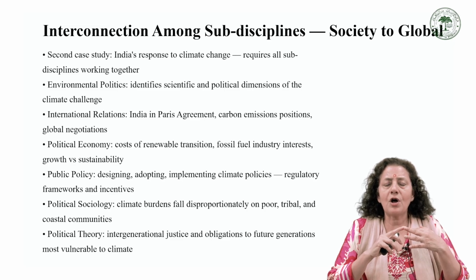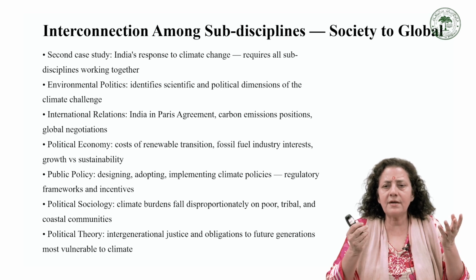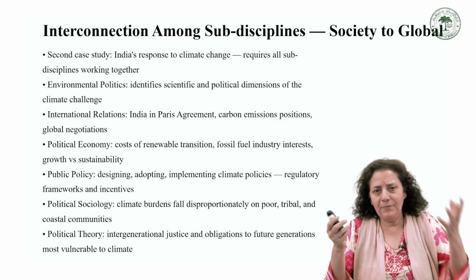Political theory provides normative frameworks: questions of intergenerational justice, obligations to future generations, and the rights of those most vulnerable to climate impacts. Once again, no single discipline can provide a complete picture.